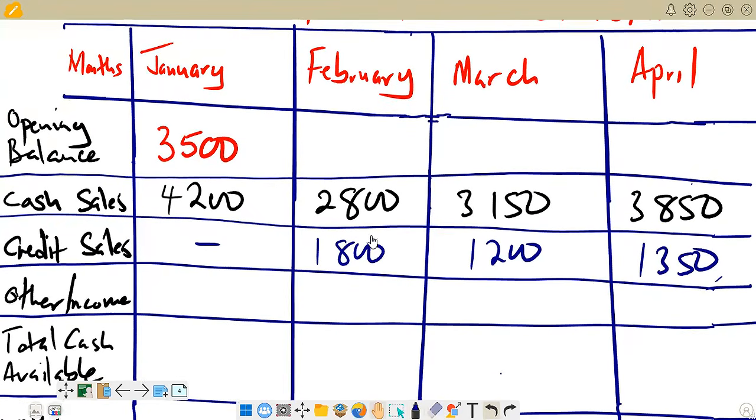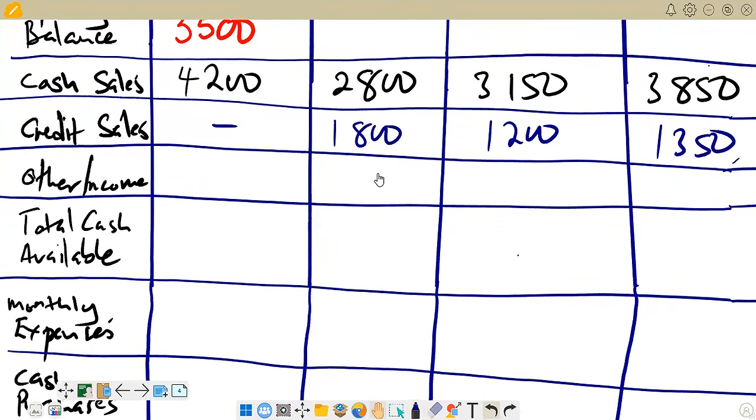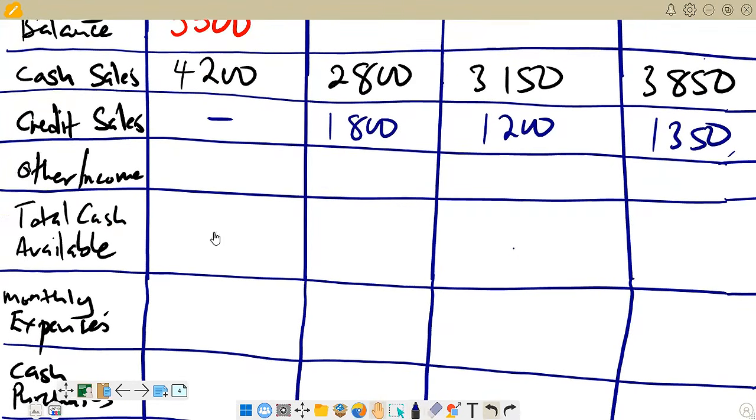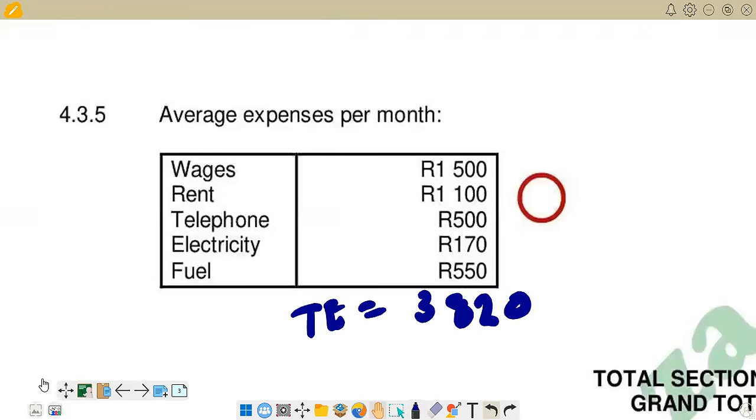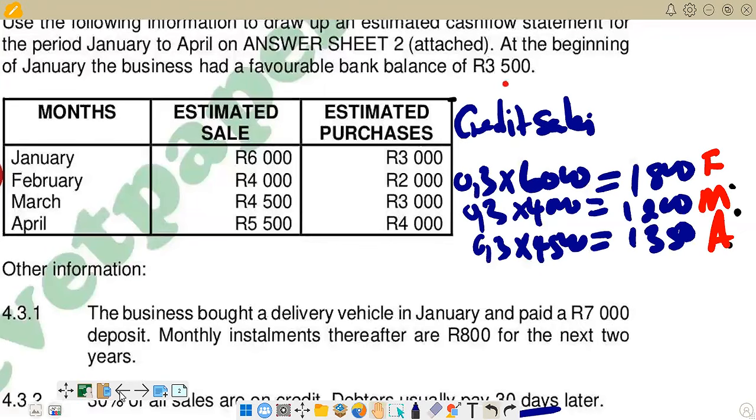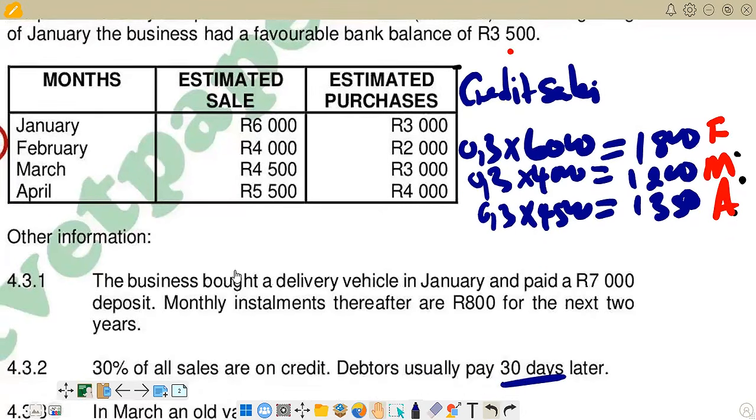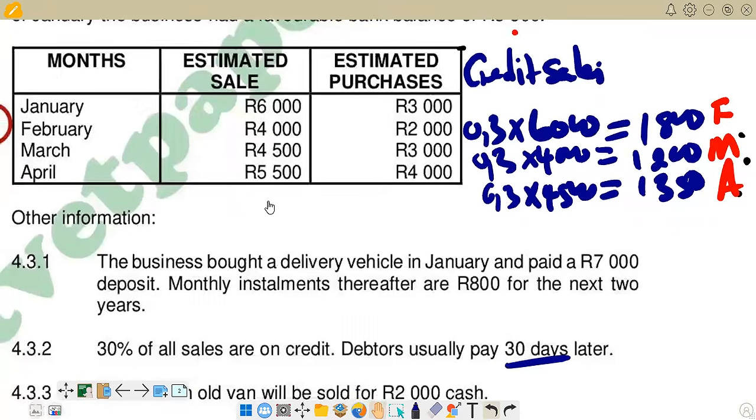to other income now. We're now on the row of other income. So we go back to see what other income we have in the question. We are going to go down the question to see if we have got other income there.